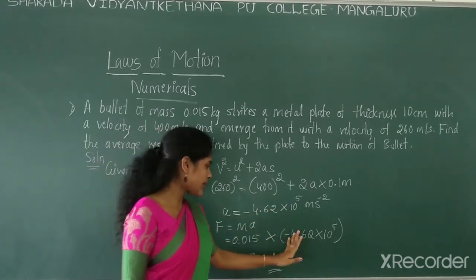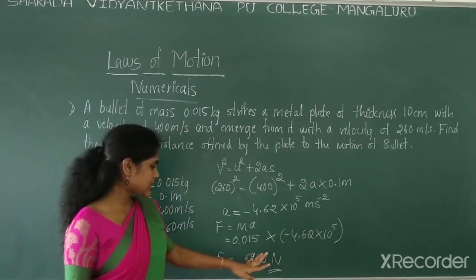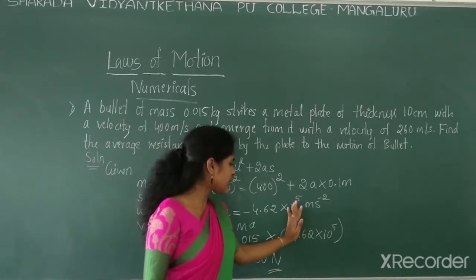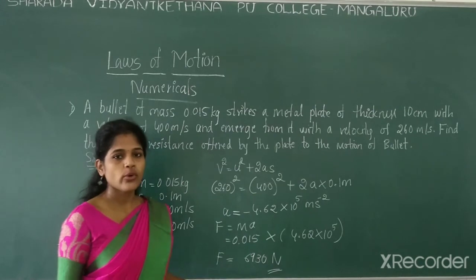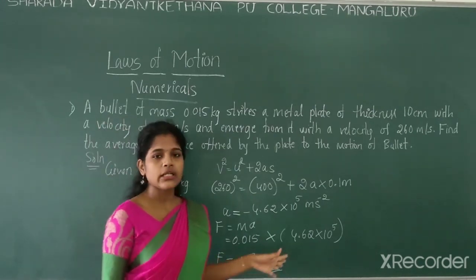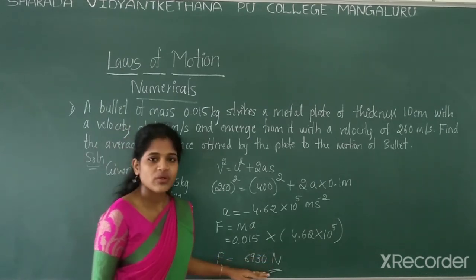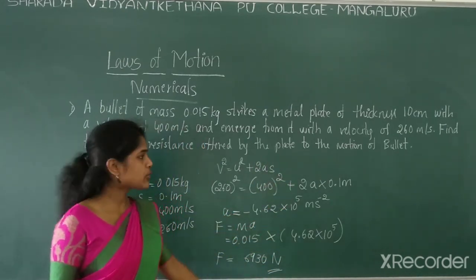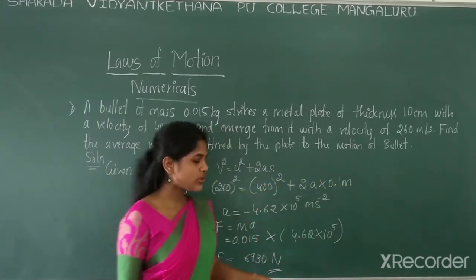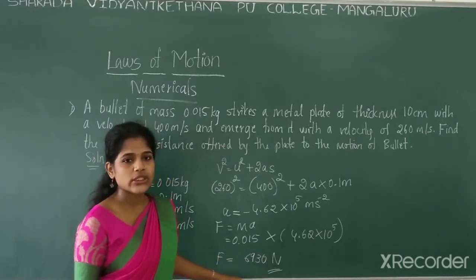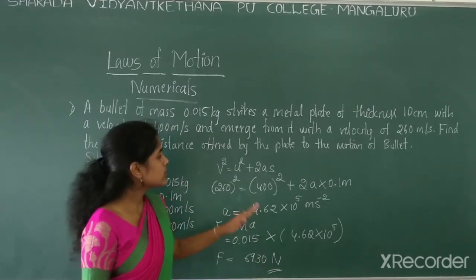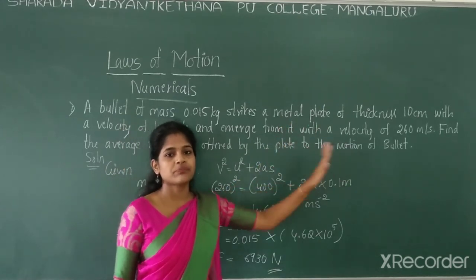If you write the minus, you will get minus 6930; if you neglect it, you will get 6930 Newton. This is the force of the metal applied to the motion of the bullet, the average resistance offered by the metal plate on the bullet.